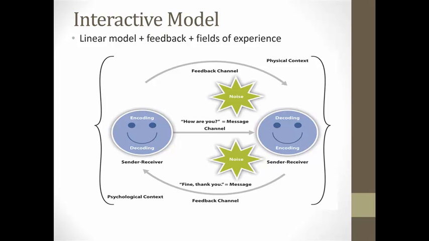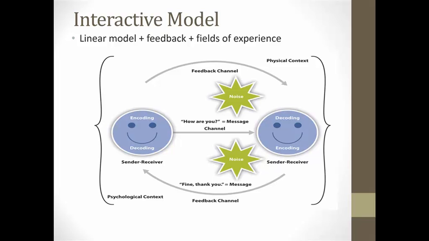All right, so the interactive model. We're going to keep everything from the linear model, and we're going to add two new concepts. One is the concept of feedback, and one is the concept of fields of experience. So, in the linear model, we had a sender who sent a message to the receiver. Noise potentially got in the way, and they sent it through a channel.